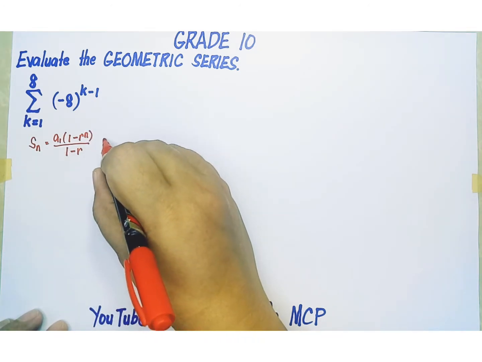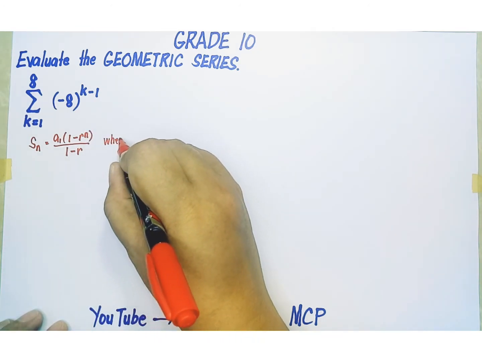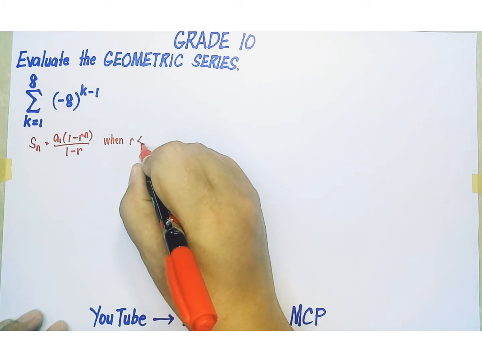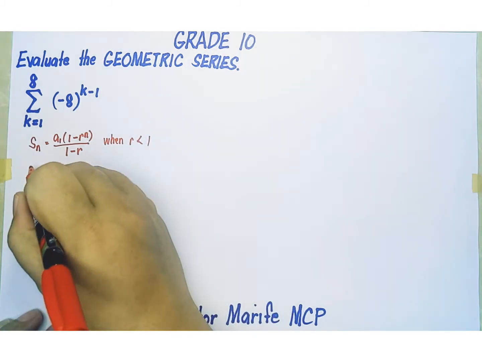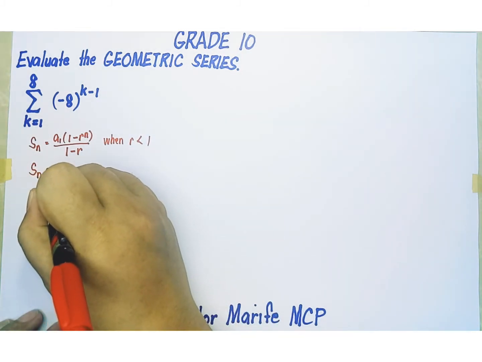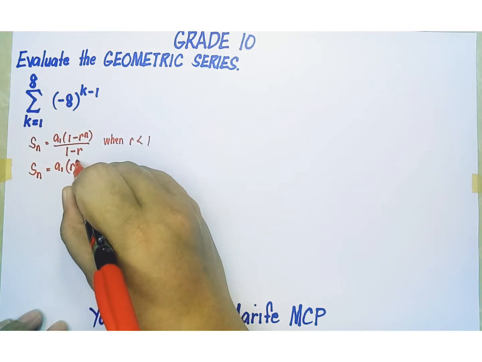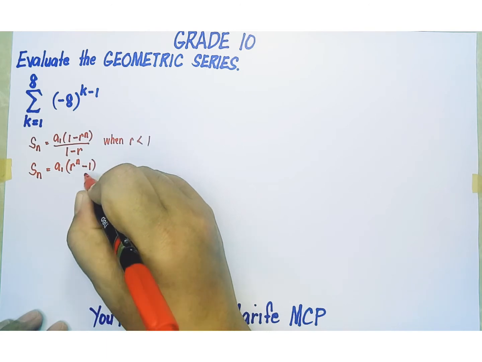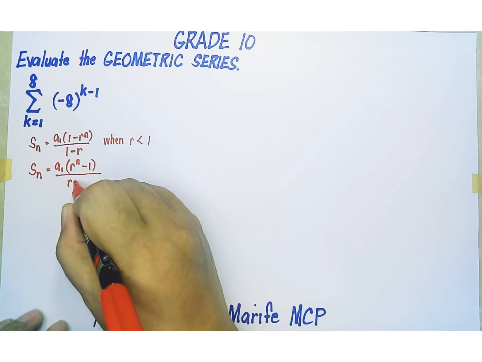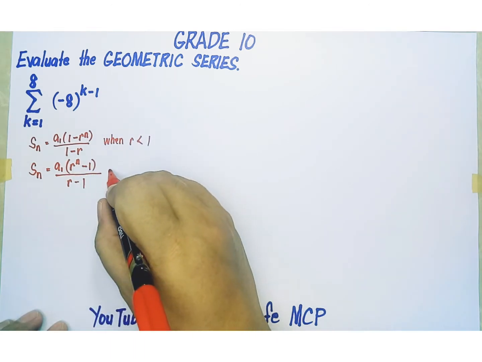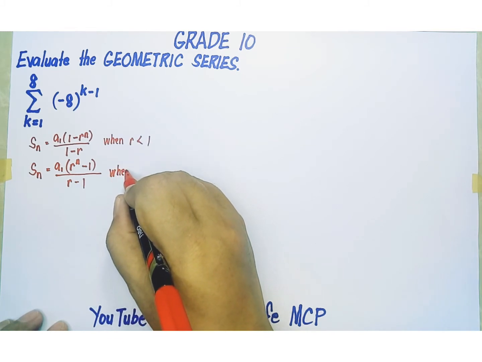You use this when r is less than 1. The other formula is S sub n equals a sub 1 times the quantity r raised to n minus 1 all over r minus 1. You use this when r is greater than 1.